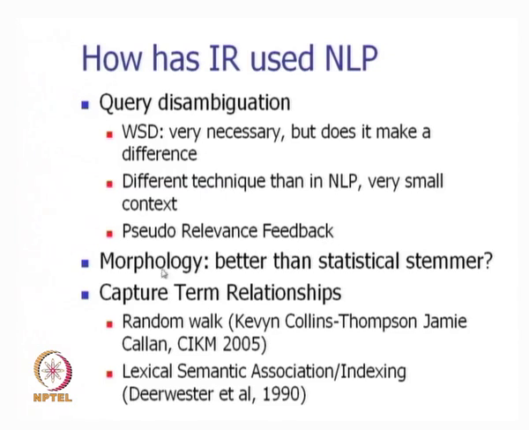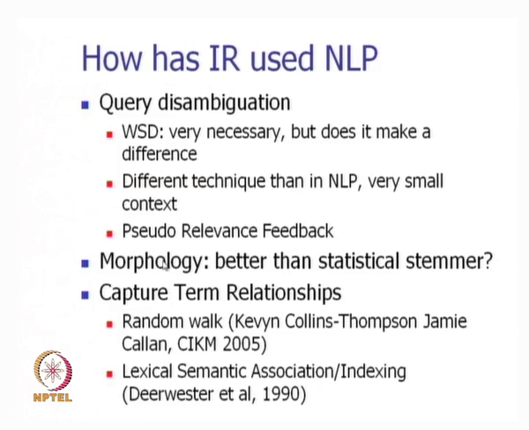Another important basic question which has existed in information retrieval is whether morphology should or should not be done. Is it better than a statistical stemmer? Now, languages which are morphologically rich, it seems they need strong morphological processing.